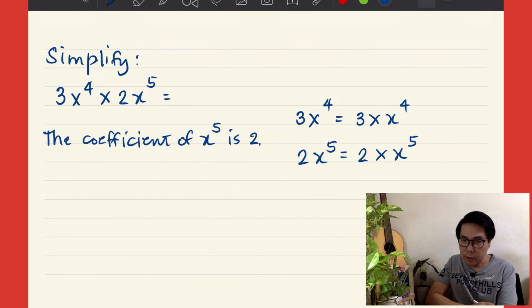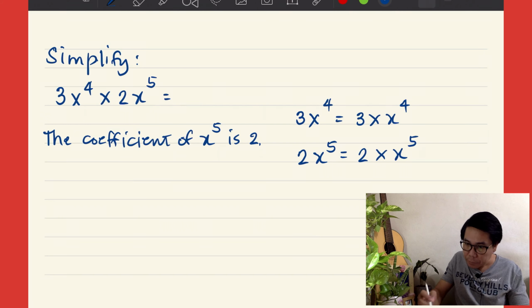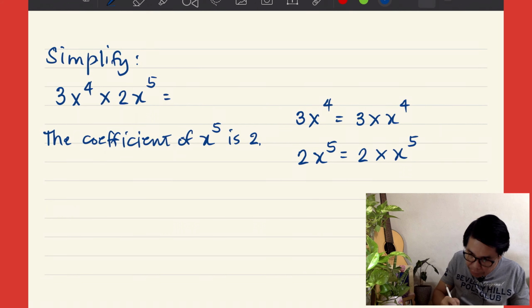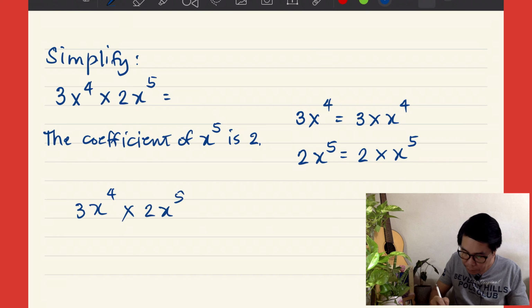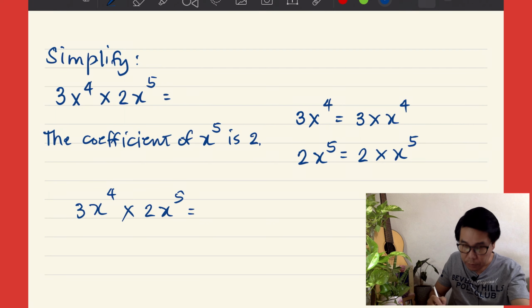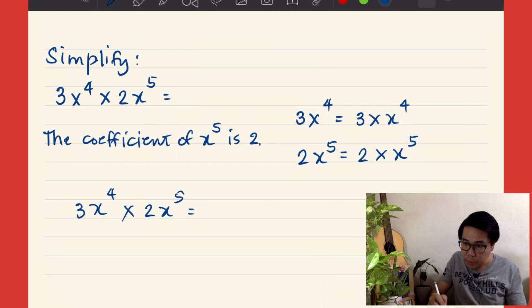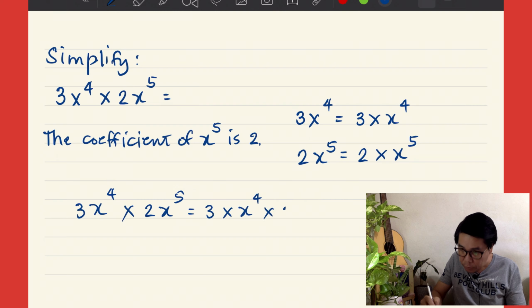Now, let us put it all together. There are 4 parts in this multiplication. So 3x to the 4th times 2x to the 5th is equal to 3 times x to the 4th times 2 times x to the 5th.